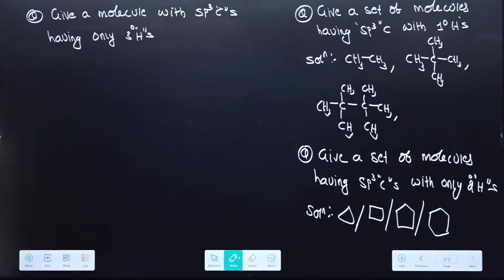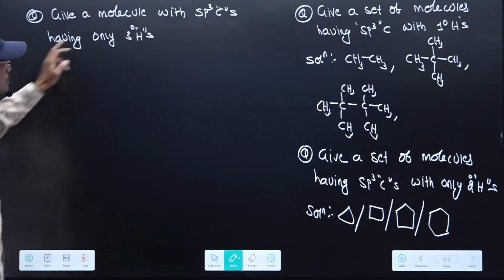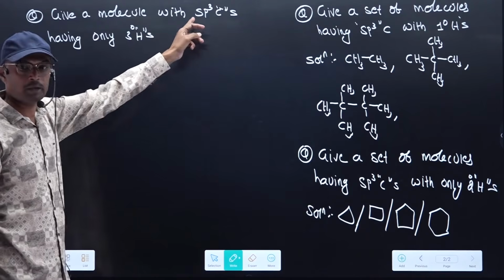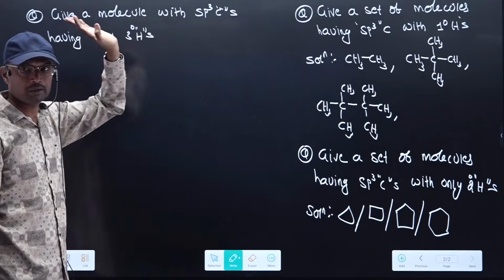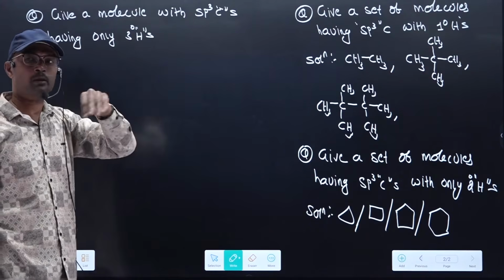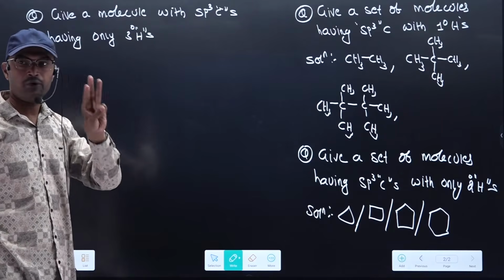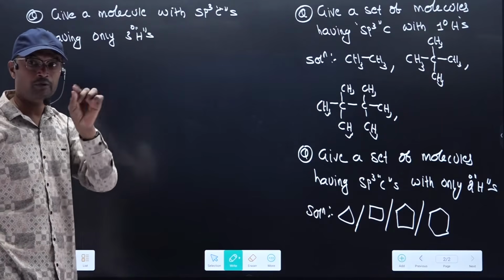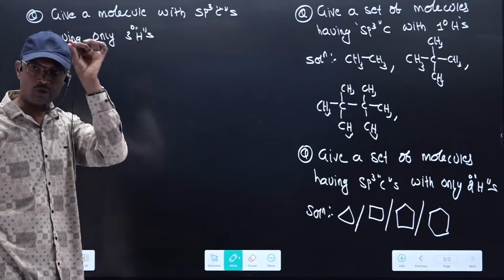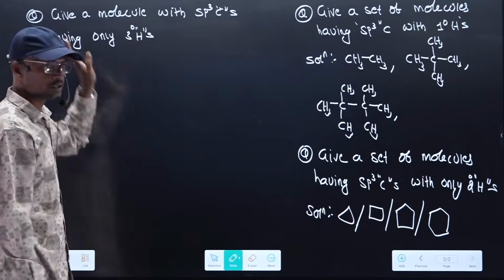Give a molecule with sp3 carbons having only tertiary hydrogens. What is the hybridization of all carbons in this? sp3. Suppose if you take 4 carbons, 4 should be sp3. If they carry 5, 5 should be sp3. But if hydrogens are present, that hydrogen should be tertiary.